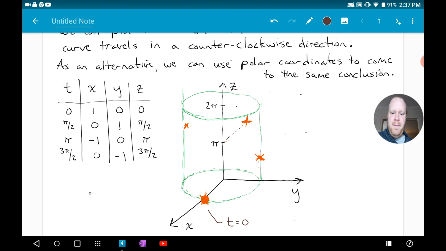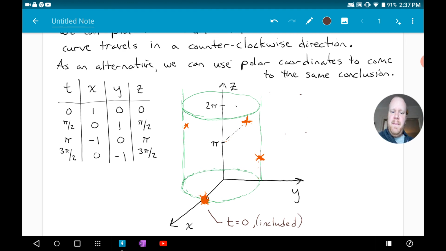Since we have t including 0, I fill this point in. If you had strictly greater than 0, you would put an open circle here. But this is my t equals 0, and that is included.